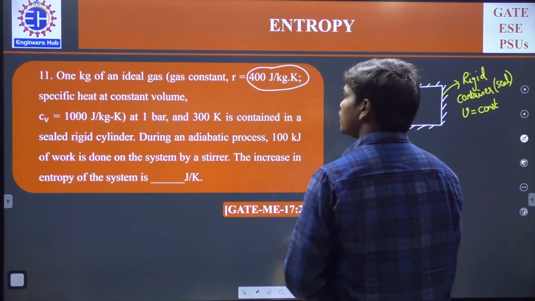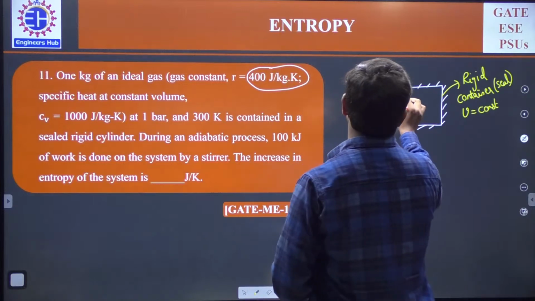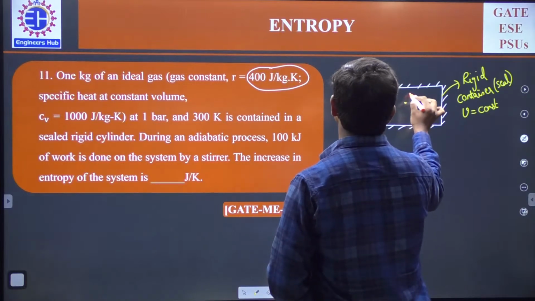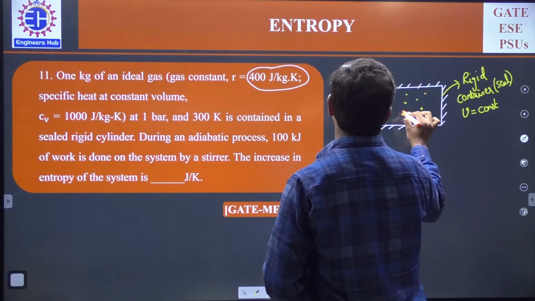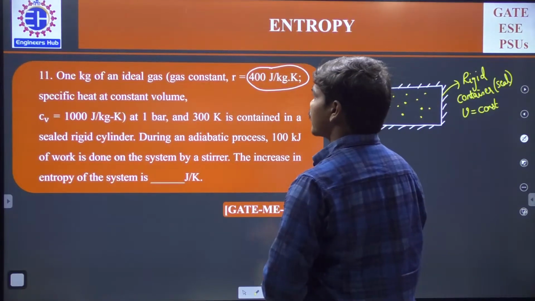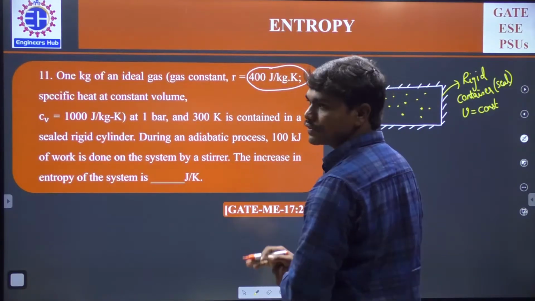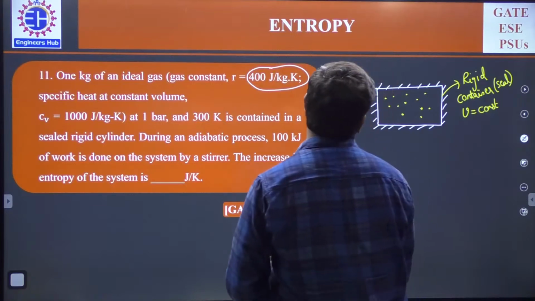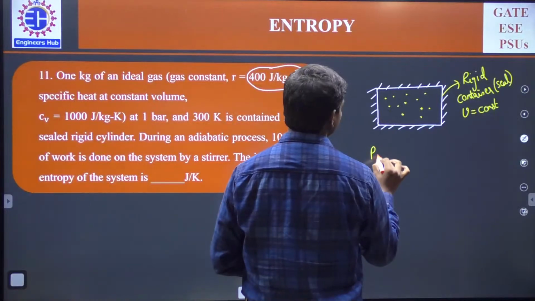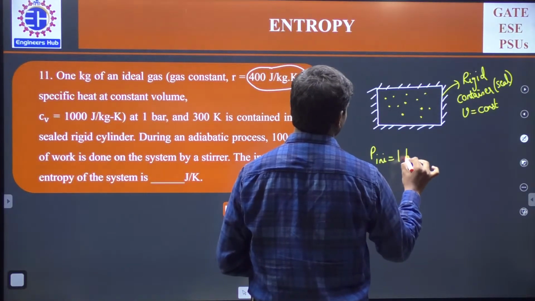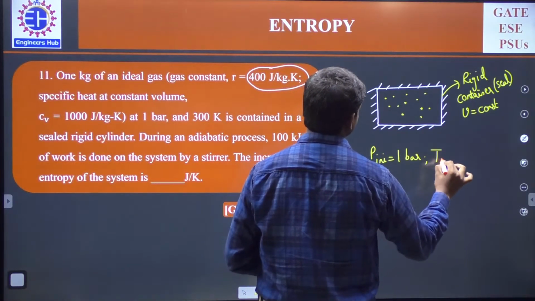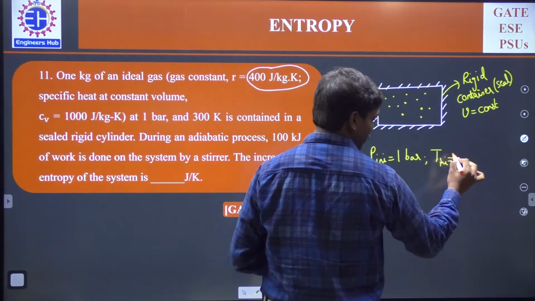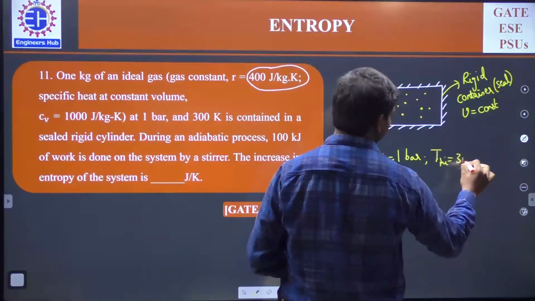Now 1 kg of ideal gas is sitting here. The characteristic gas constant and CV values are given at 1 bar and 300 Kelvin. So P initial is equal to 1 bar and T initial is equal to 300 Kelvin.